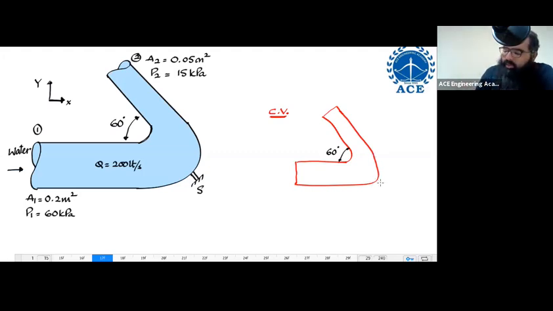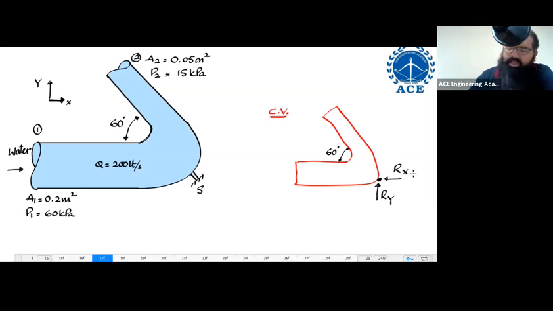That means I'm not supposed to show any support over here. Let us say at this particular point, I'm supposed to show reaction. I realize that there can be a reaction in X, there can be a reaction in Y. So let us say I'm having some reaction in X and in Y. This is RY, this is RX.